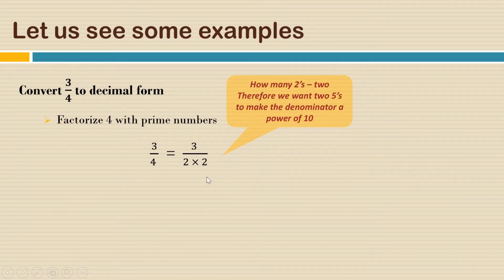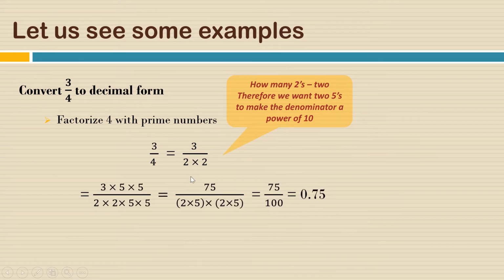Then we want 2 5's to make the denominator a power of 10. So we multiply 5 into 5 in numerator and denominator. We get 75 by 100 equal to 0.75.